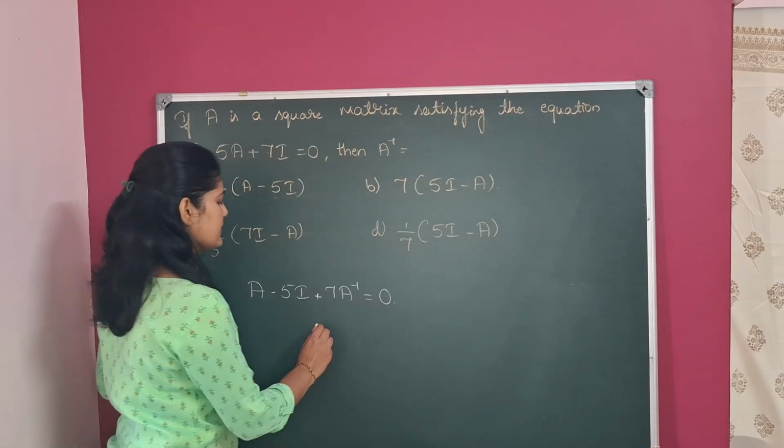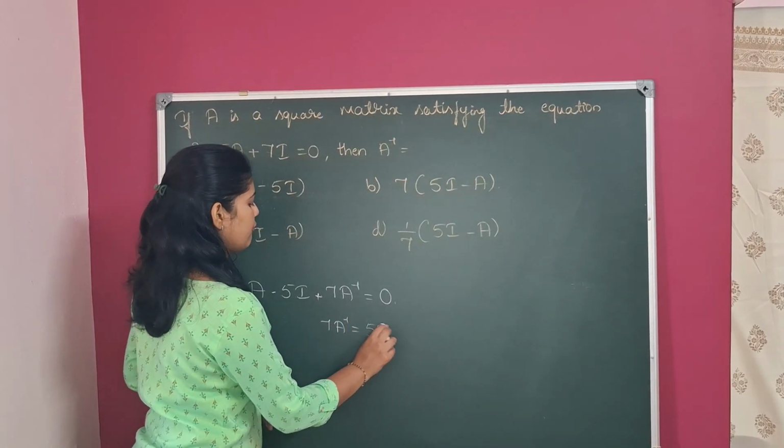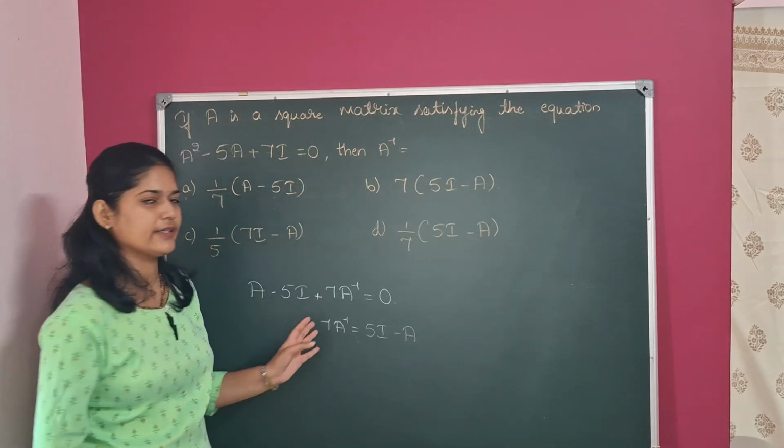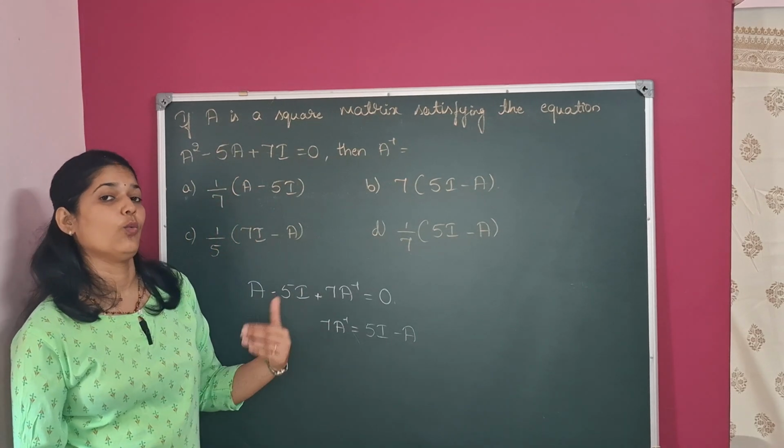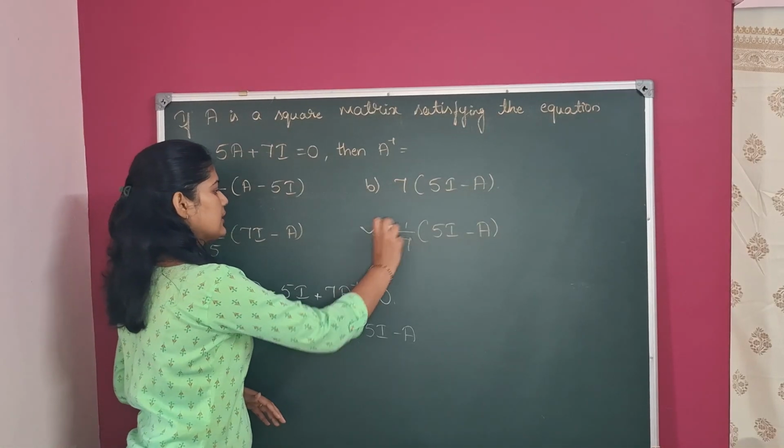So if we shift this, 7 into A inverse is equal to 5I minus A. Therefore, A inverse is nothing but 1 by 7 into (5I minus A). That is option D.